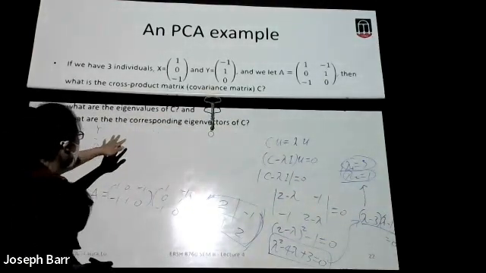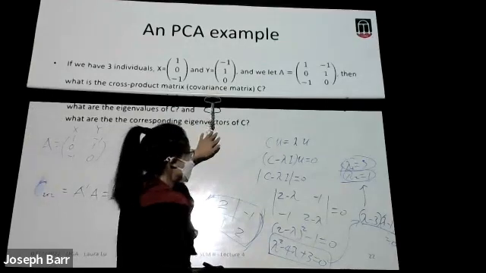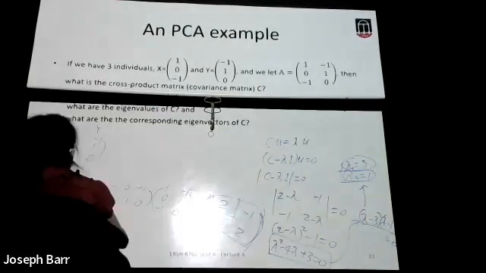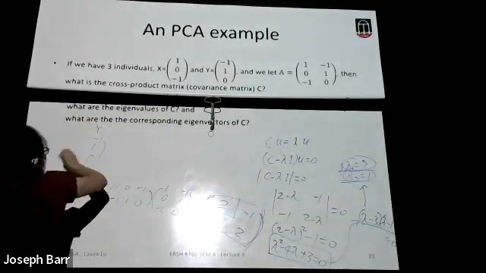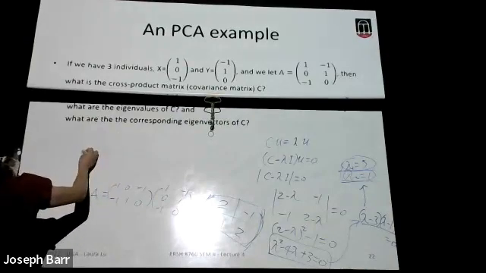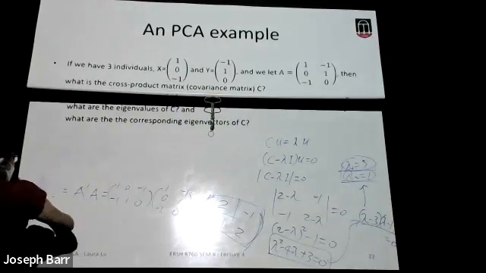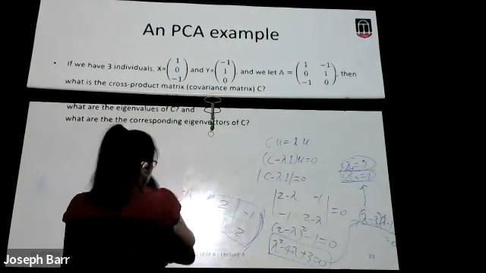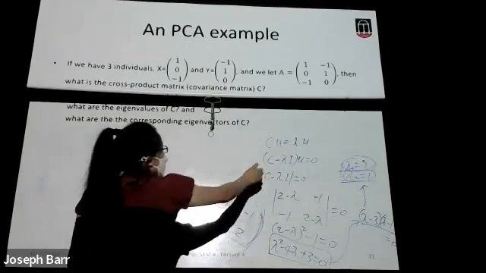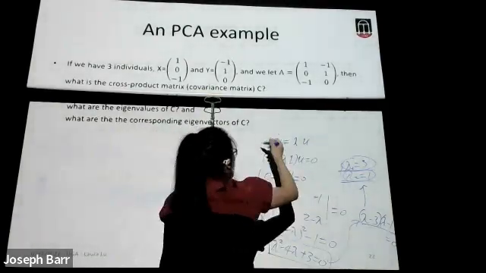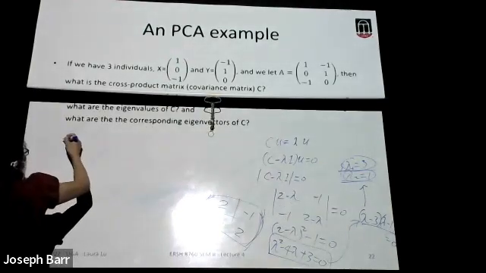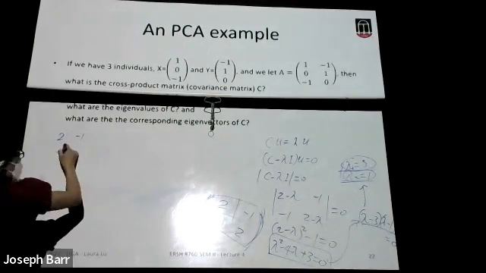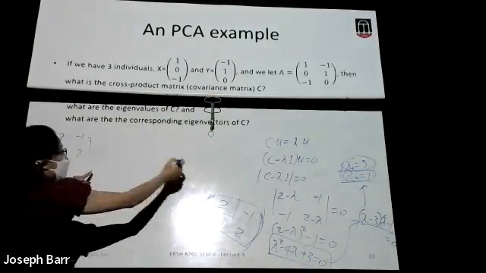Next part: what are the corresponding eigenvectors? For each eigenvalue, we have eigenvectors. So again, based on the definition, we have C times some vector u.